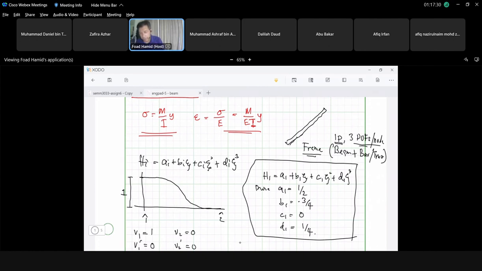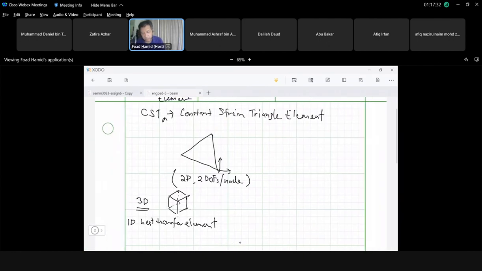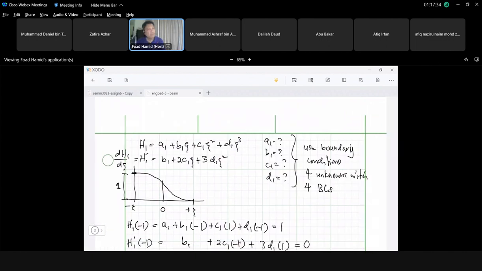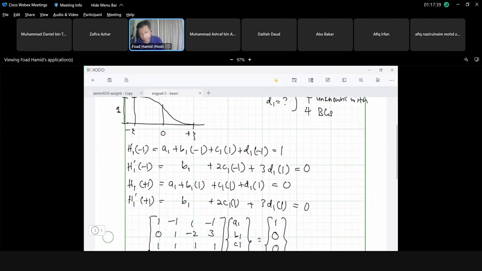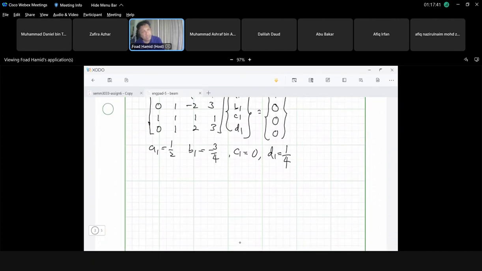So note that it's a combination of beam and bar element. 1 degree of freedom will come from the bar. Note that it is tilted at an angle, so when you have an inclined angle, it means there's a transformation matrix involved.